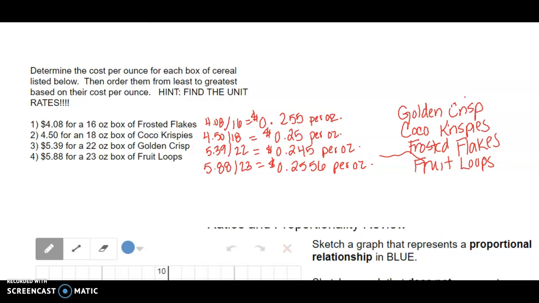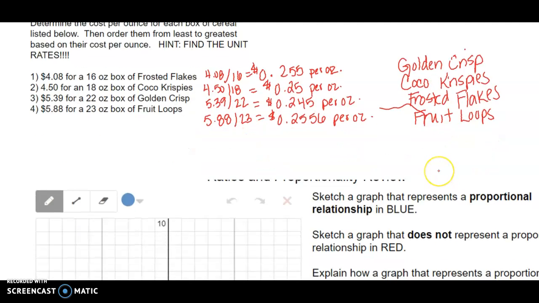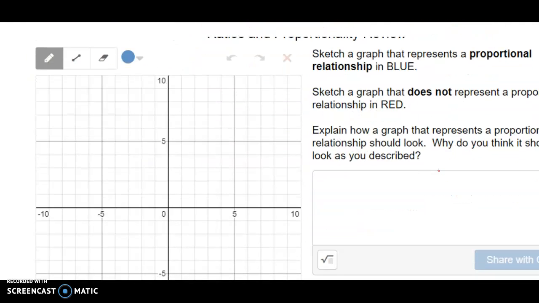So those are unit rate problems. Continuing on with this proportionality constant concept, or the unit rate concept, we're going to do this next part. It says sketch a graph that represents a proportional relationship in blue. So reminding you again, proportional relationships need to be linear and they need to go through the origin, or 0, 0.